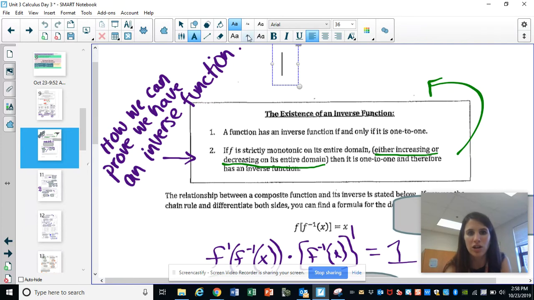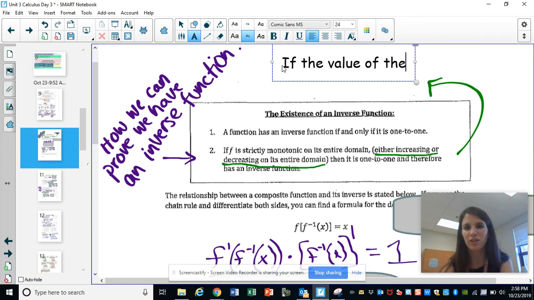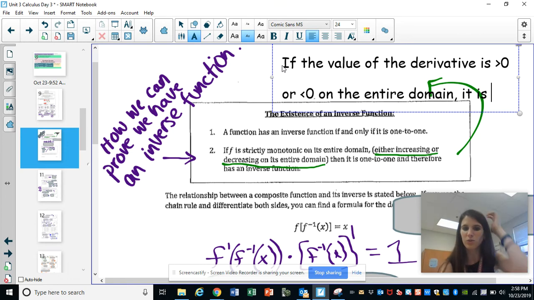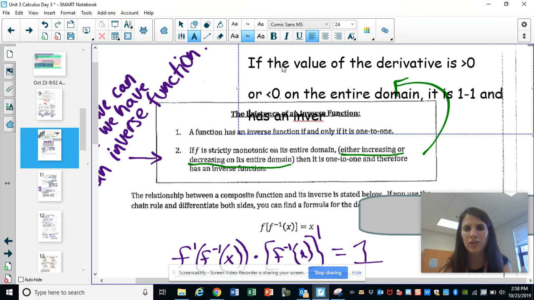So you guys should probably type this in too. All right. So if the derivative is greater than 0, I'm going to replace the slope with the derivative. Okay. So if the value of the derivative is either greater than 0 or less than 0 on the entire domain, it is one-to-one and has an inverse function.